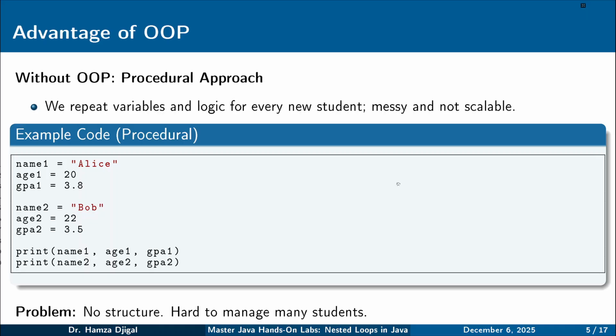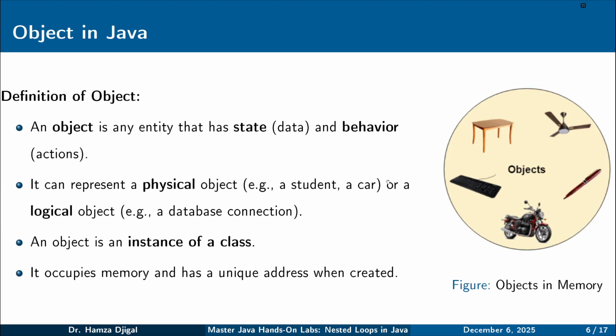This is not structured, and it's hard to manage if you have many students. But if we use the concept of OOP, you will see how we can organize all the common attributes that we provide to the class person in the previous slide.